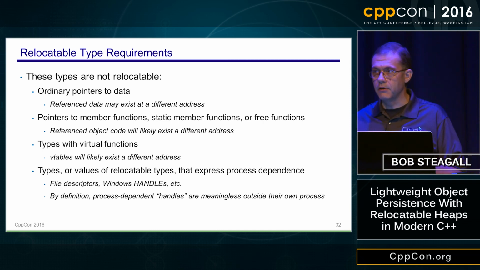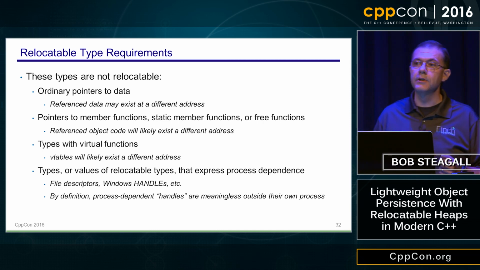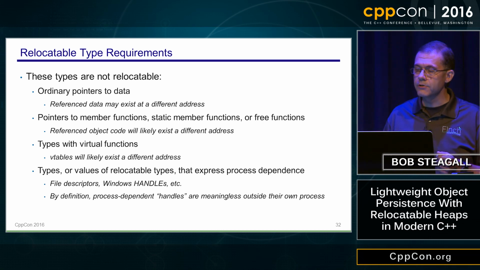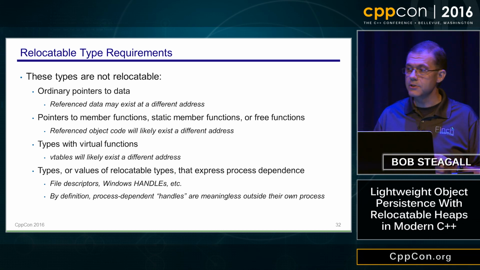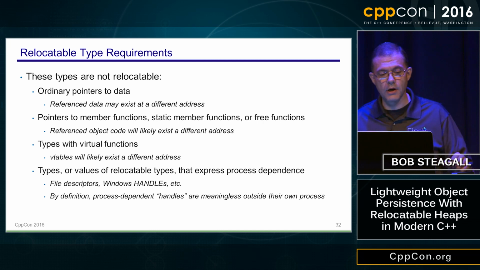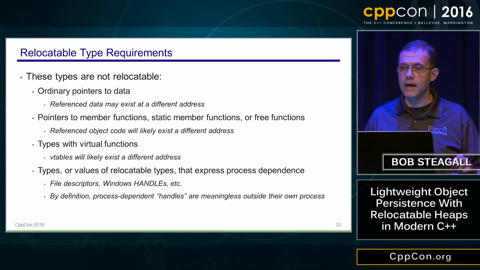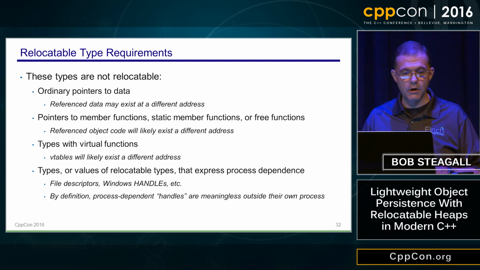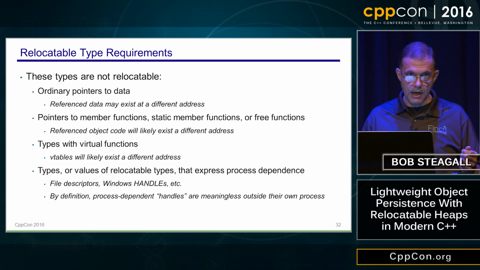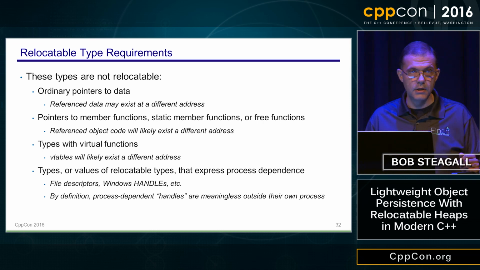Ordinary pointers to data are not relocatable because the data to which they refer in the destination process may exist at a different address than in the source process. Pointers to member functions, static member functions, and free functions are not relocatable because the object code to which they refer is very likely going to exist at a different address in the destination process.